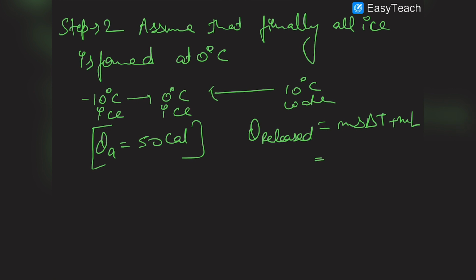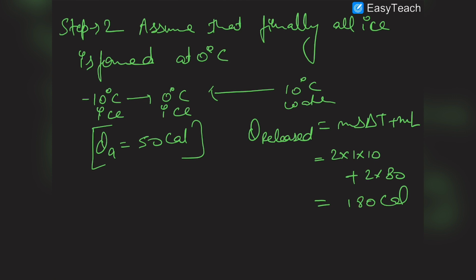So m of water was 2 grams, so 2 into 1 into 10 plus 2 into 80. So you can see that this is 180 calorie. So easily you can predict that this heat is greater than the heat required by the ice to come to 0 degrees Celsius. So water is giving some extra heat.